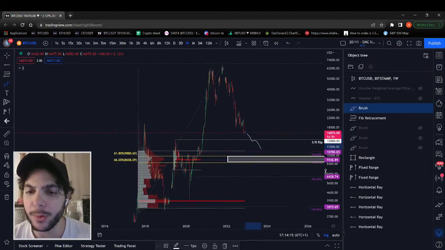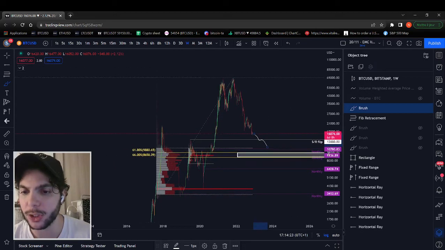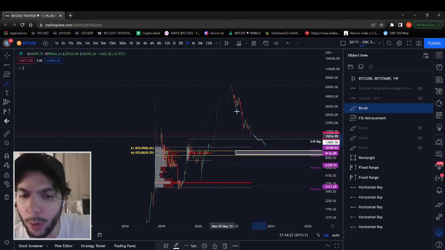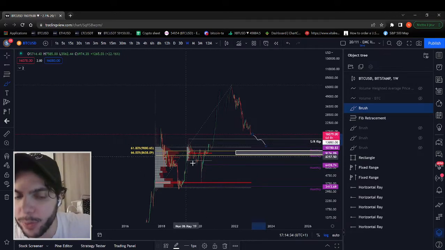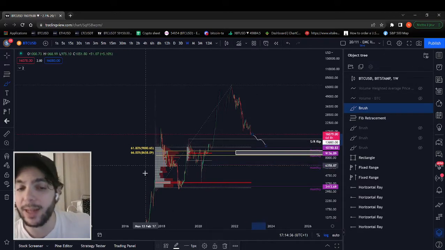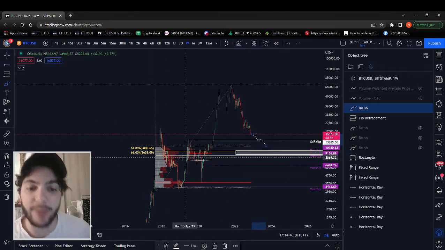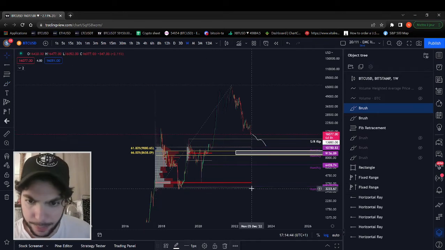For me, the most amazing area to actually buy even spot Bitcoin would be this 9,000, 8,000 area. That's just golden. You have the monthly level, you have the global 618 retracement, you have the volume point of control of almost 1.5 years of price action here.